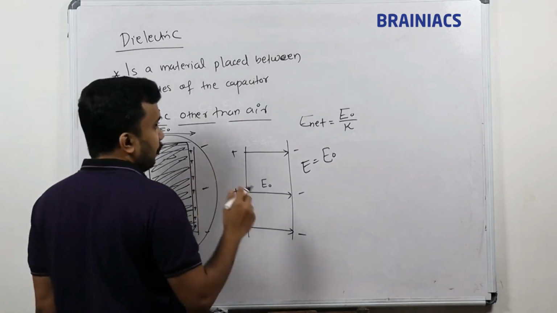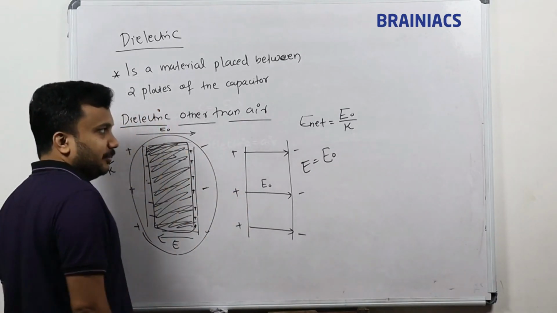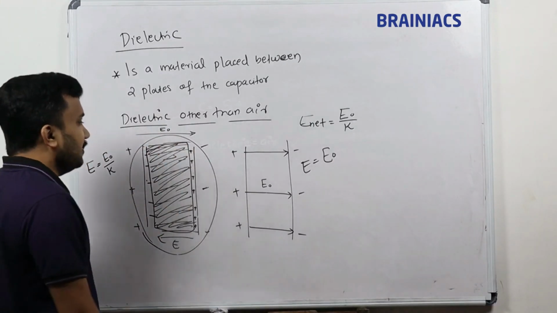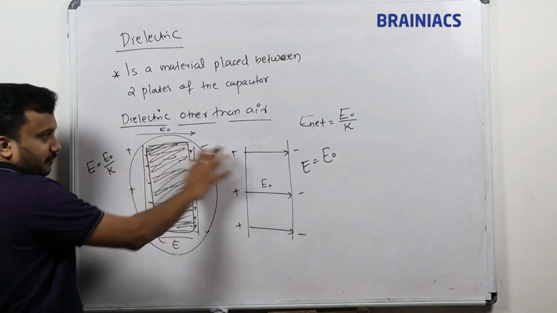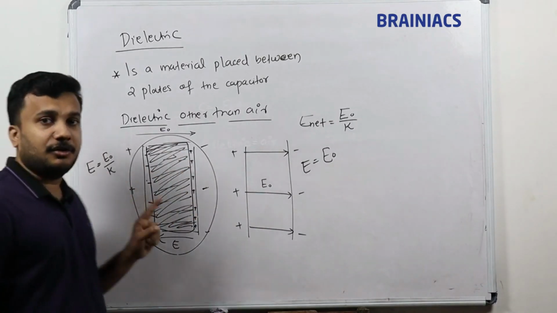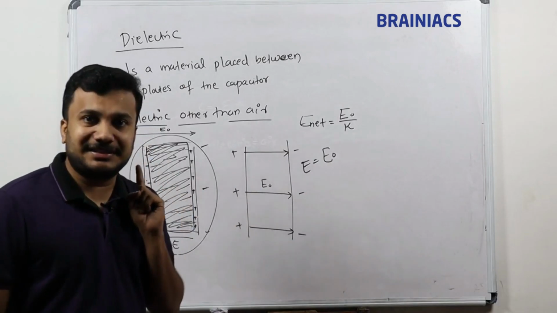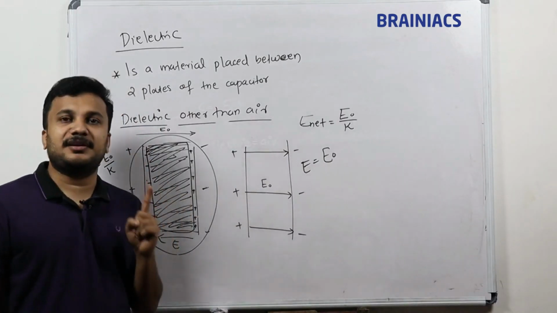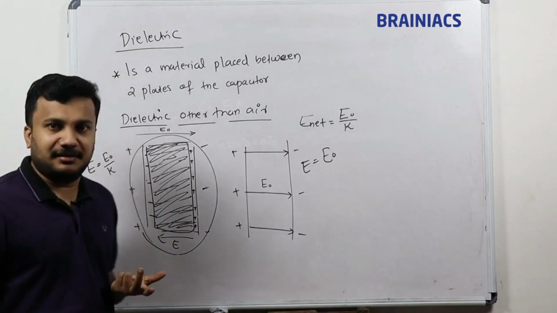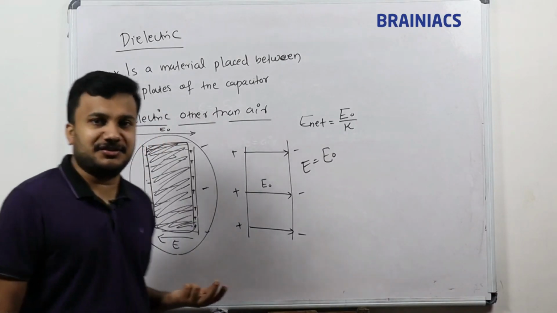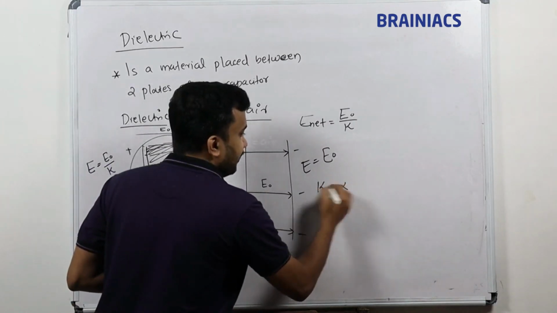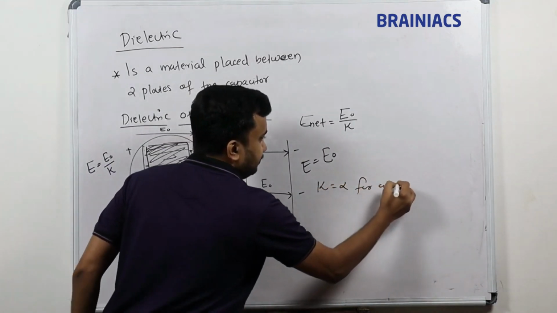I am going to write four points. One point is these two differences, and the second point is that the value of K is specific for an insulator. So what is the value of K for a metal? Metal is a pure conductor of electricity, so K is equal to infinity for a metal.